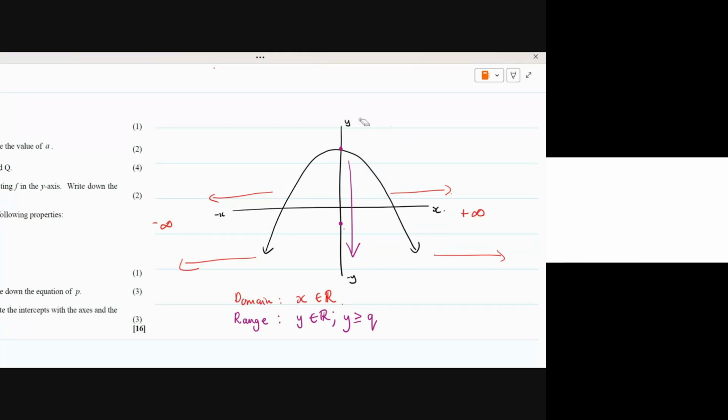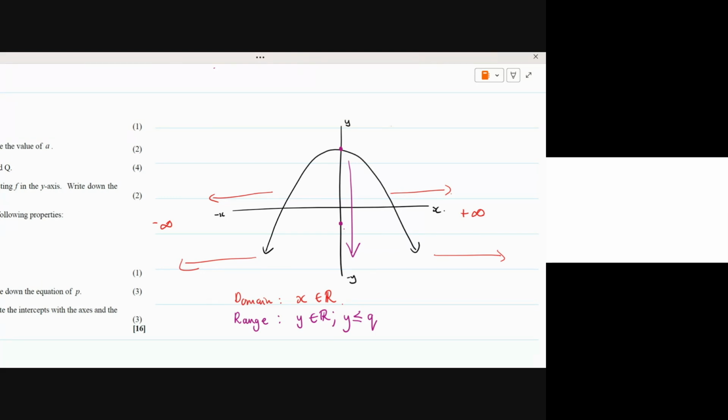So when my graph is concave down, or frowning, I need to say that my y values need to be less than or equal to the y value of the turning point. All right, does that make sense? I'm so happy that the lights are now on.